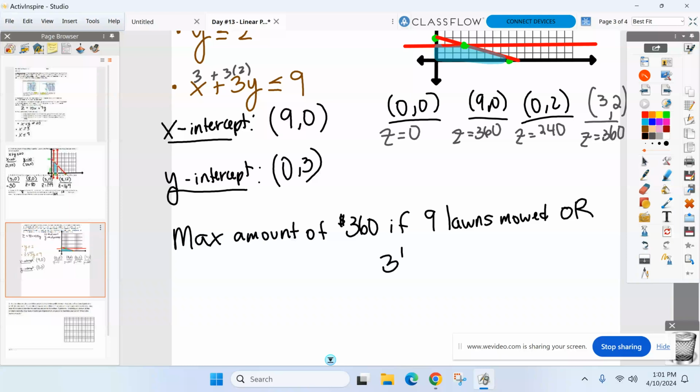Or 3 lawns mowed and, I'm not even going to ask, put whatever you want for that. Prunings. I'm just going to put 2 shrubs pruned. Usually there'll only be 1 instance to get a max, but here we could have done 2 different ones.